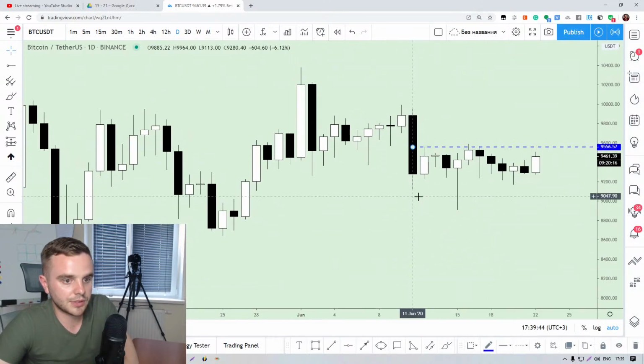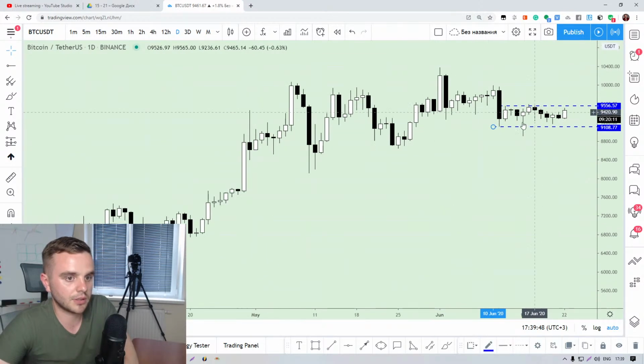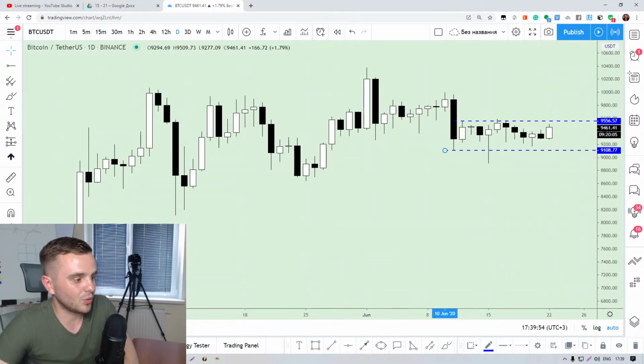I think you see that the price is inside of this accumulation, this range, and it has been for 11 days. Only a breakout of this range can create some accurate buy entry, and it doesn't matter in what direction. Also, if there would be a breakdown, that can create an entry.